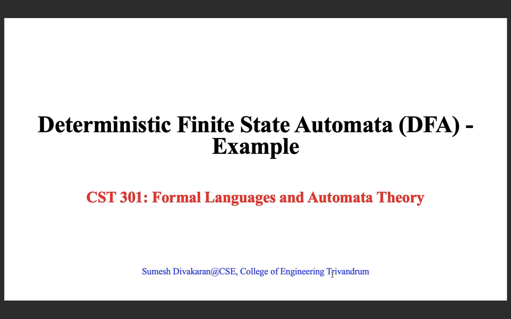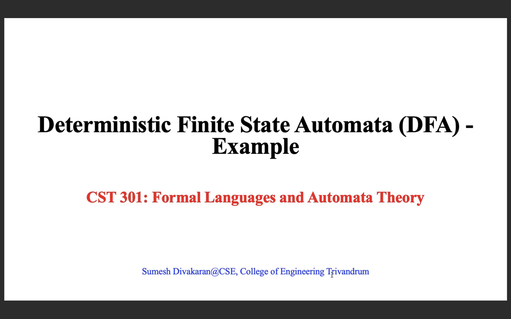So basically that is what a finite state automaton can do, and today our objective is to look at some example finite state automata. In particular, today we are going to look at example deterministic finite state automata.